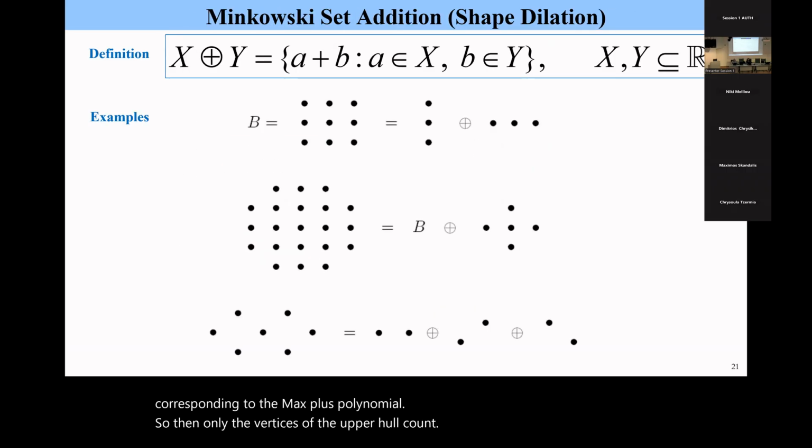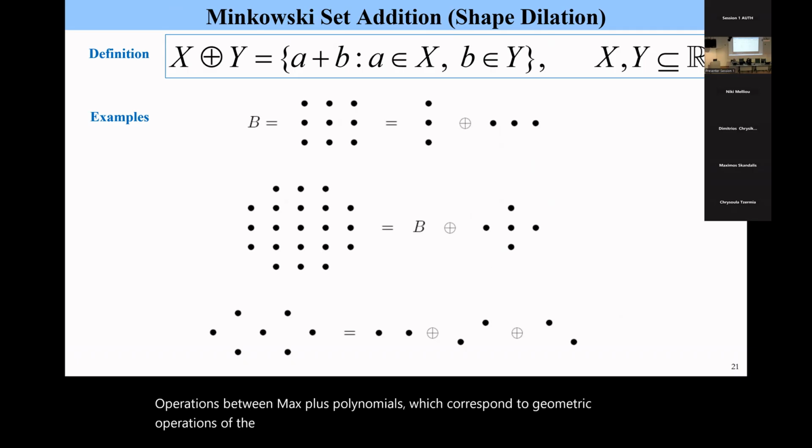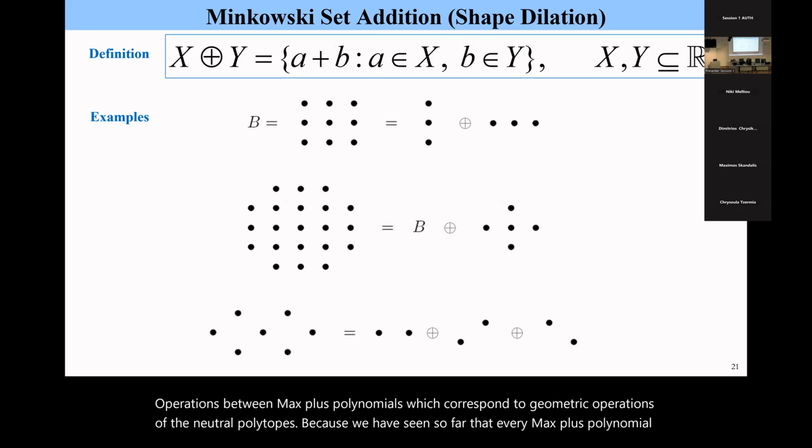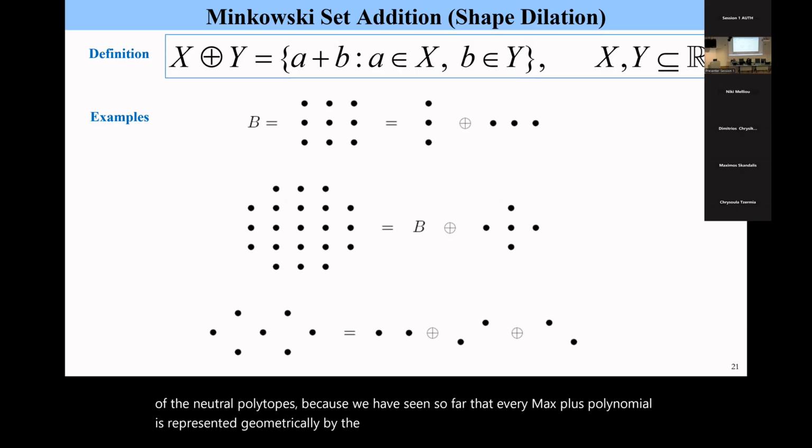Now, I'm ready to define operations between max-plus polynomials which correspond to geometric operations of the Newton polytopes. Because we have seen so far that every max-plus polynomial is represented geometrically by its Newton polytope. So what happens if we add or max two of these nonlinear tropical polynomials?